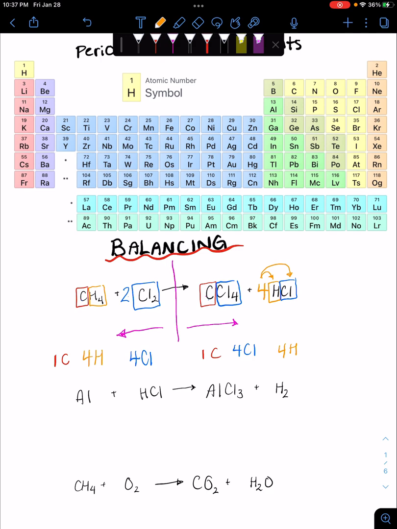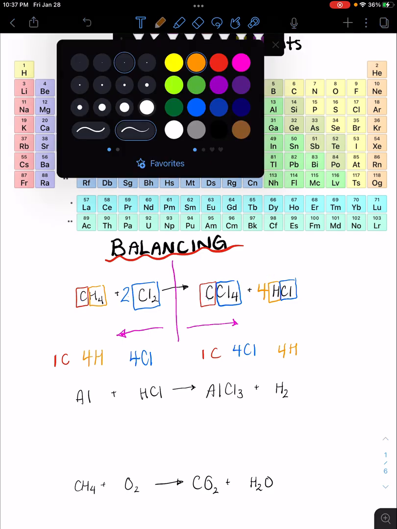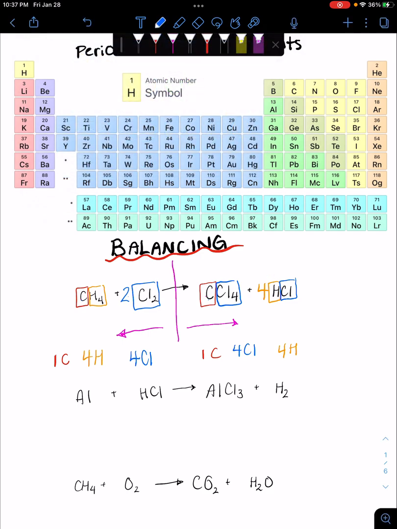So then we have 4 Cl's, which means we have to add, we'll just draw this in another color. So now we have 4 extra Cl's, which means we are going to make this 8 Cl's on this side.